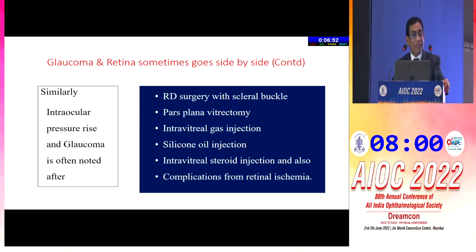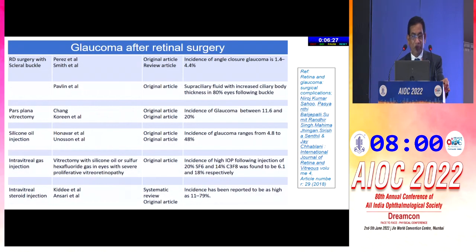On the other hand, our colleagues send many patients with higher intraocular pressure and glaucoma, like after RD surgery with scleral buckle, pars plana vitrectomy, intravitreal gas injection, silicone oil injection, intravitreal steroid injection, and complications from retinal ischemia. Dr. Bilal is here. He is a retina specialist. I think he understands. He agrees that we get this kind of patient from them.